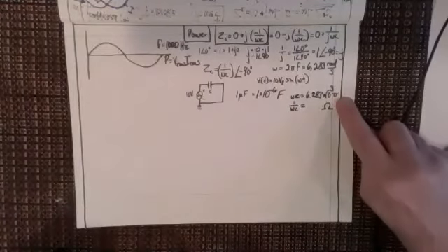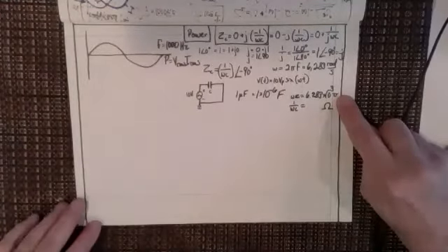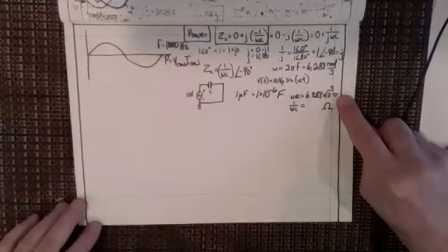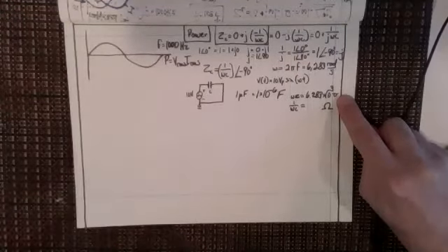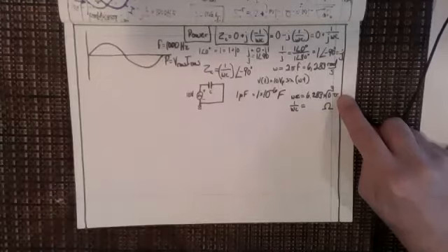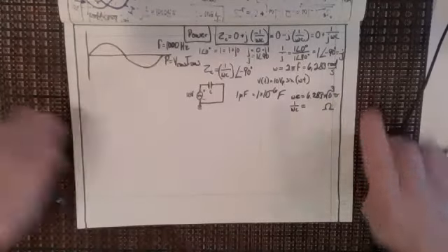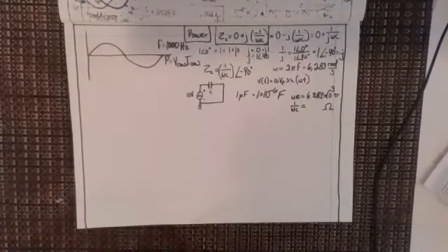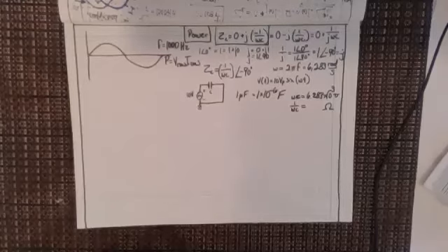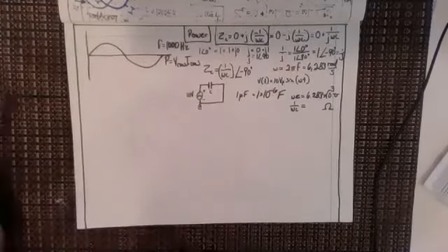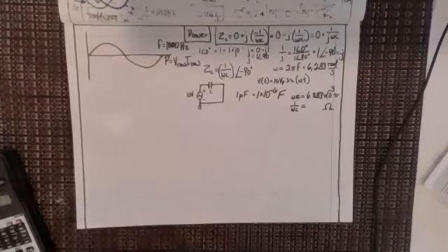By the way, in Europe, that's called a Siemens, and that's why we don't call it Siemens here in the country, for obvious reasons. We call it a mho, M-H-O, the opposite of ohm. If you're working with American engineers and they refer to it as a mho, you'll know what they're referring to.